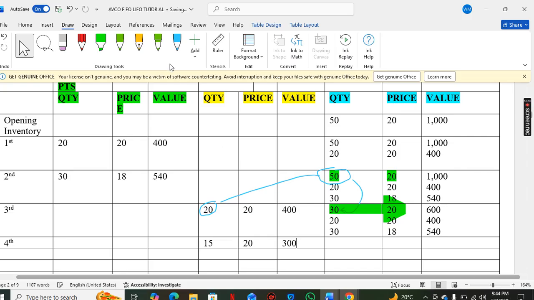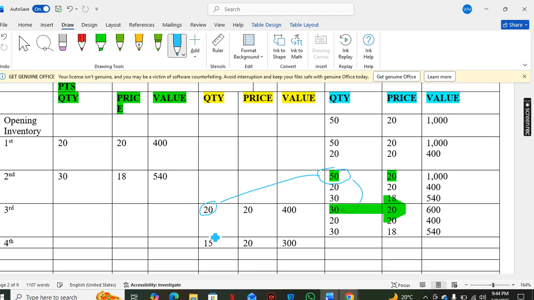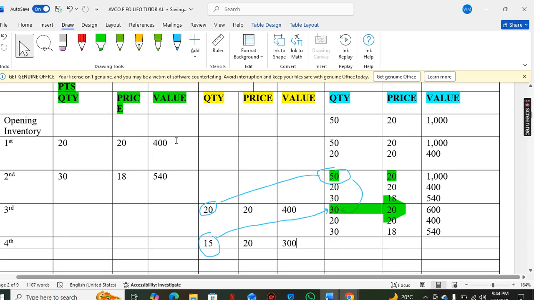So these 15 units, we're going to remove them from these 30 units. So 30 minus 15, we get 15 units valued at 20 kwacha, which is 300 here.